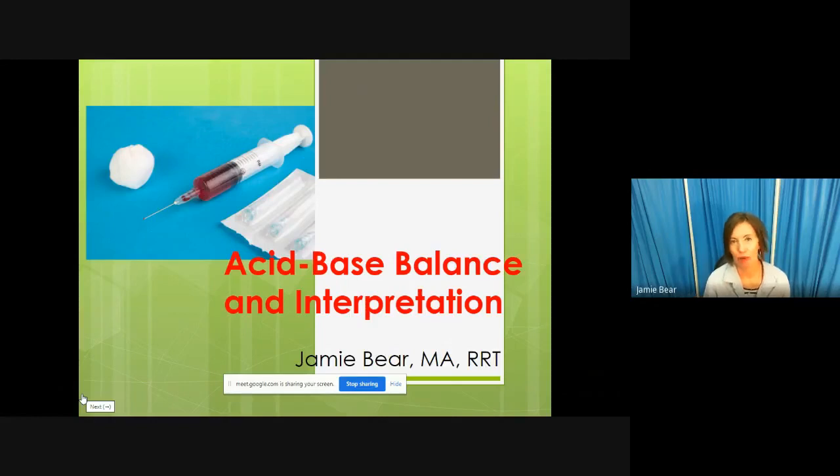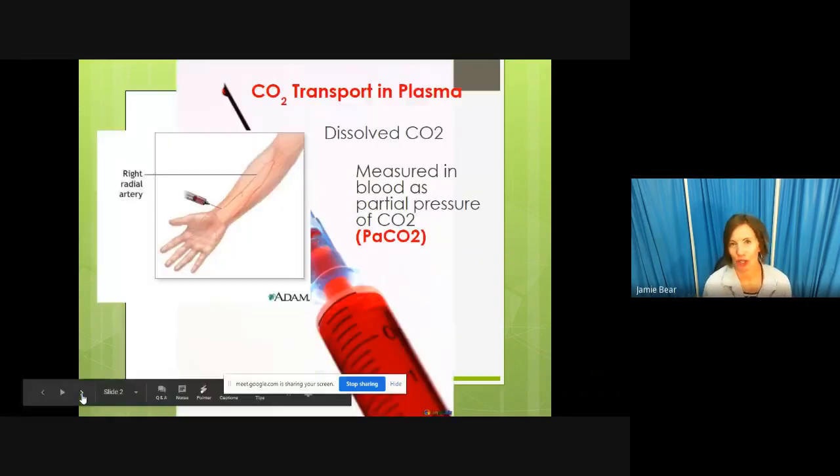Acid-base balance and being able to interpret the results is one of the most important skills a respiratory therapist will have to learn. So as we learned last lesson, carbon dioxide is transported both in the plasma as well as on red blood cells.